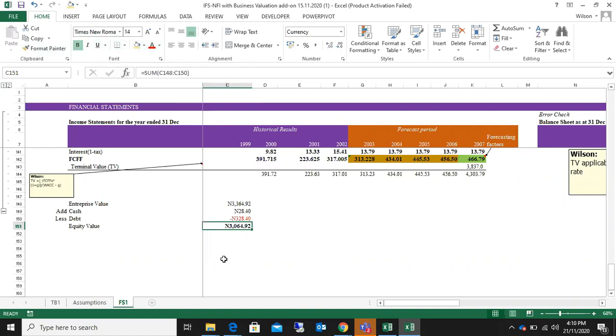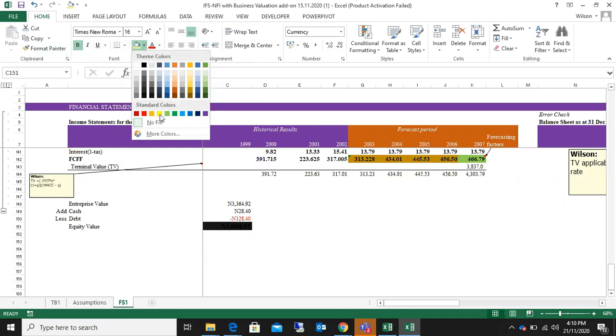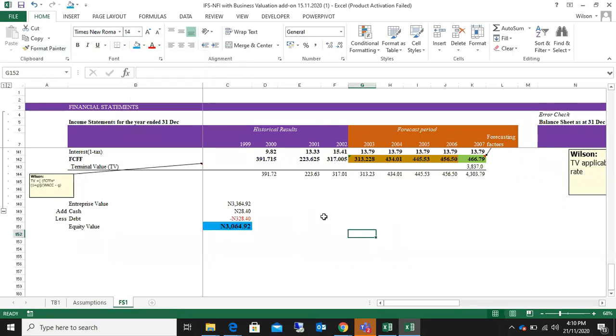So the value of the business is 3.064 million. So that is the figure I'm looking for, enterprise value.